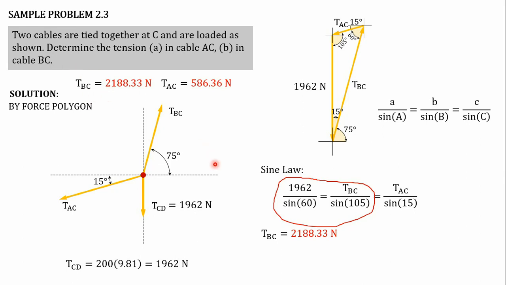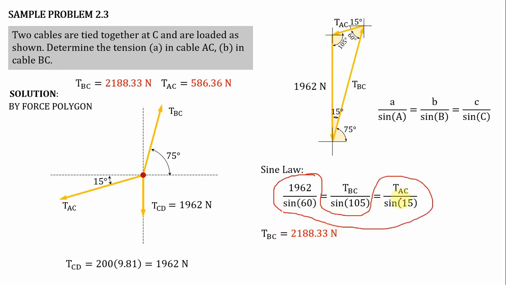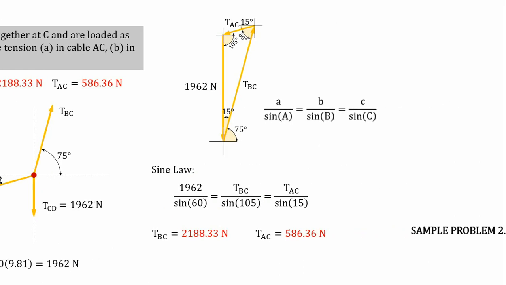Another way to solve tension AC is to use this same equation, and tension AC is equal to 586.36 Newton, the same as our previous answer. Did you get it?